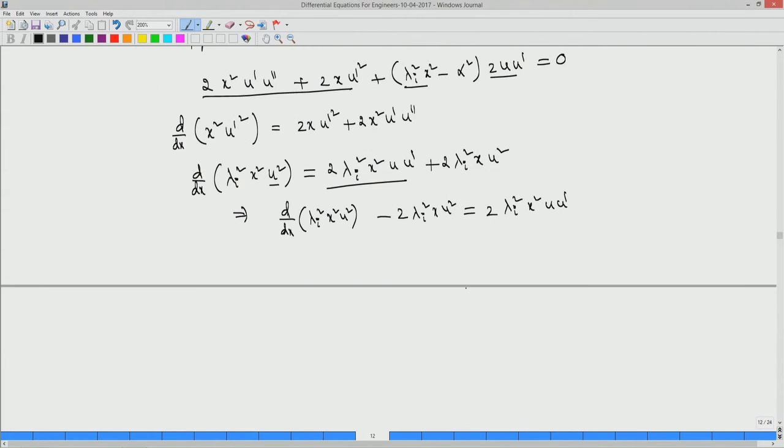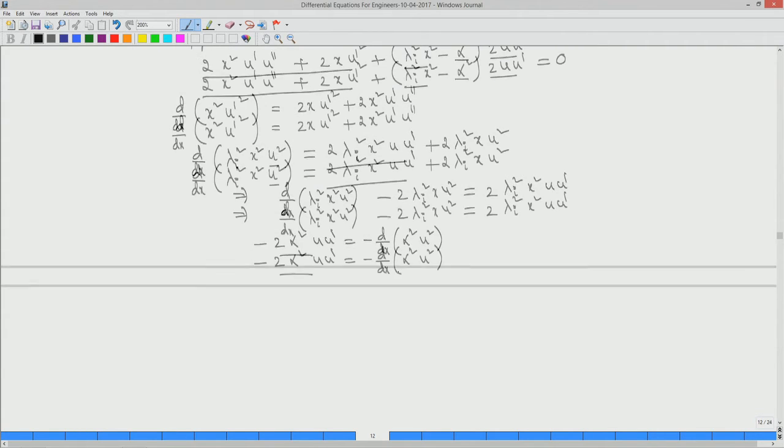What is left is minus 2 alpha square u dash, which I can write as minus d dx of alpha square u square. So replace each of these terms with derivatives.